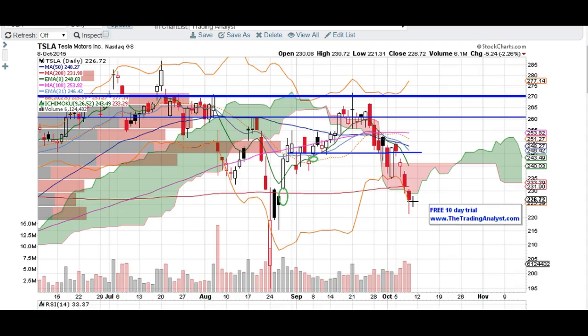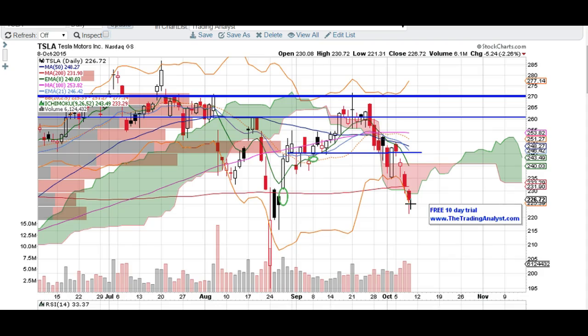I'm not trying to press Tesla short right here, just because we are on the lower Bollinger Bands. We could get a little bit of a bounce here. We have this longer lower wick here, and that is telling me that there is a chance for a bounce.